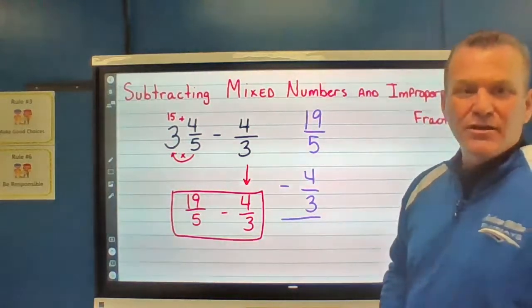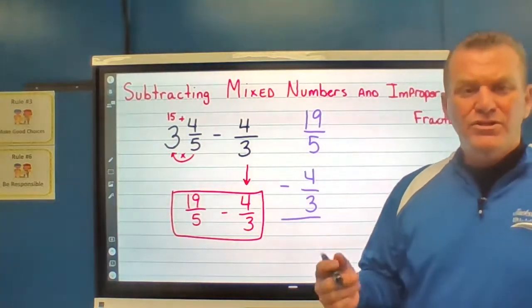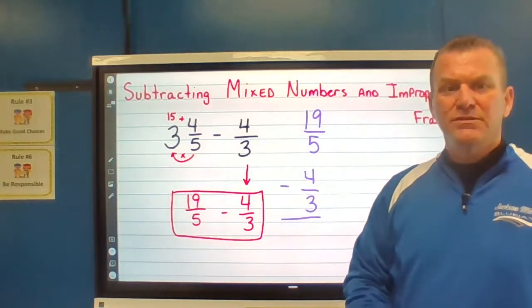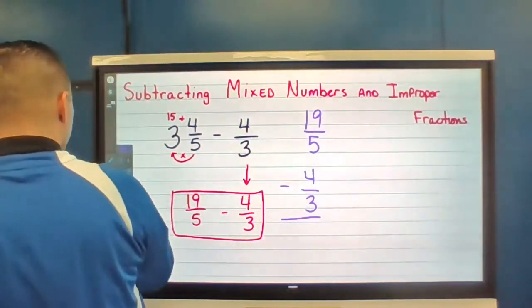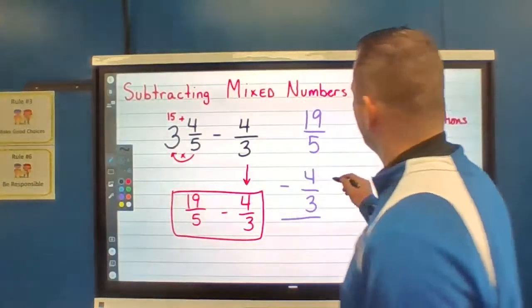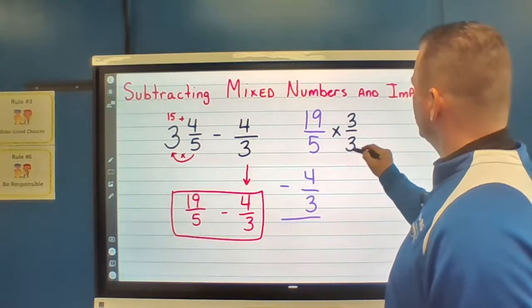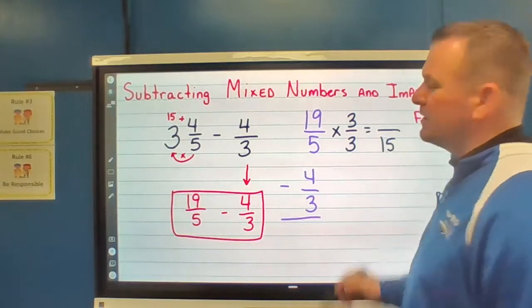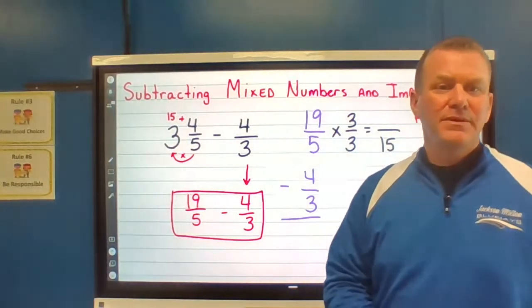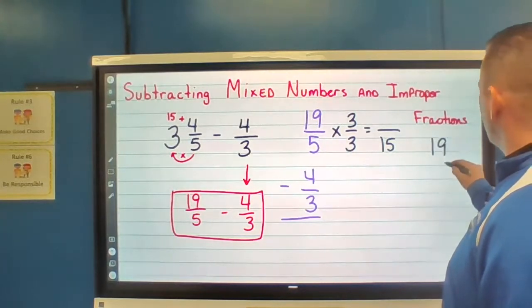And you got to ask yourself, what number does 5 go into that 3 also goes into? And I hope you know it's 15. So we're going to go ahead and we're going to get them both to 15. Multiplying him by 3/3. That's 15. Okay, well, I don't know what 19 times 3 is off the top of my head. So on the side, actually perform that operation.